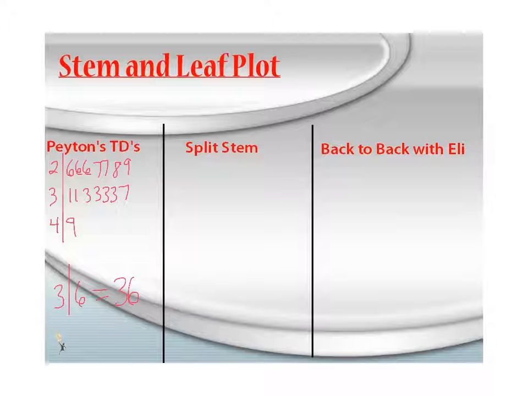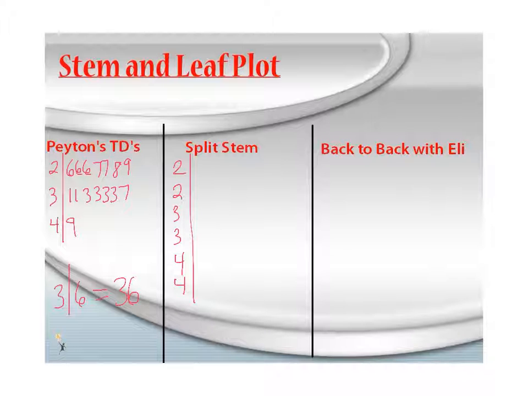All right. Now we can expand on this idea of a stem and leaf and do some different things with it. One of the problems with a stem and leaf is sometimes there's not a very wide range of values. In this one I don't really. I have a lot of 20s and 30s. We might instead then split that stem and make it have 2 2s and 2 3s and 2 4s.